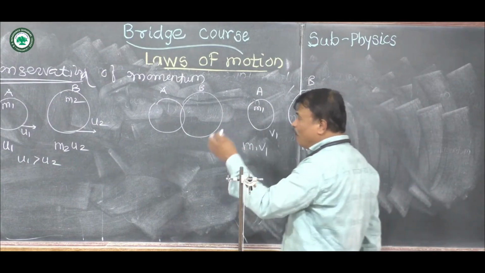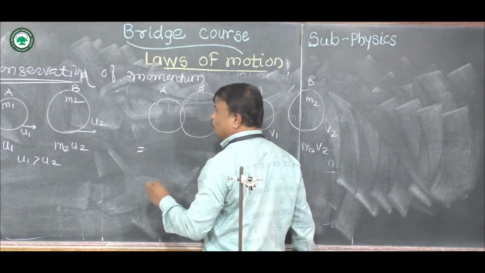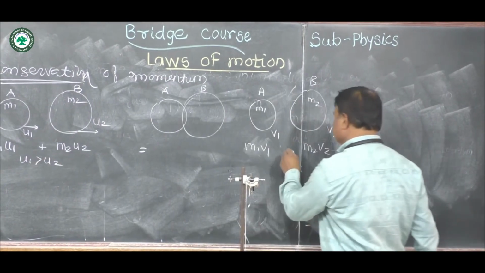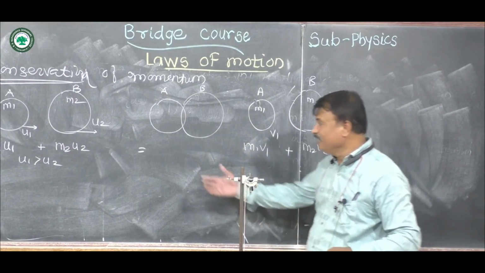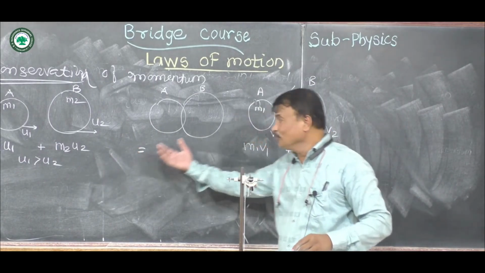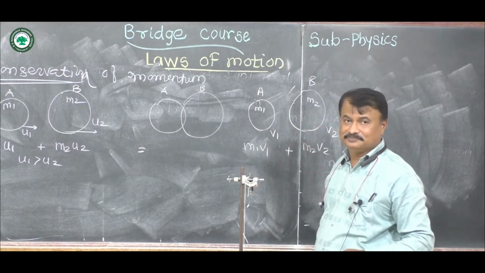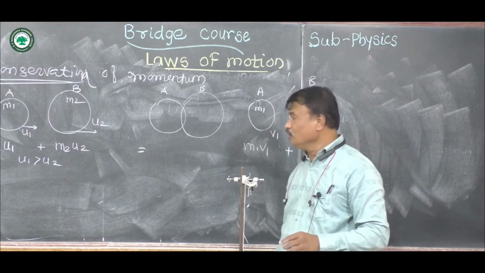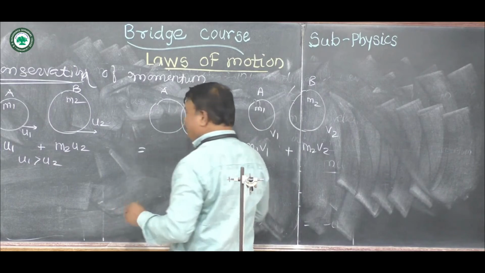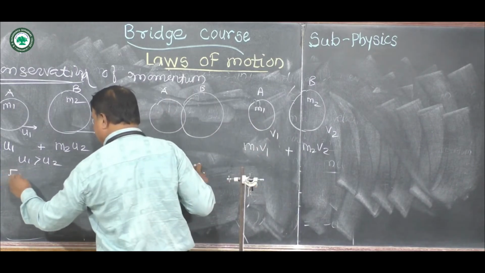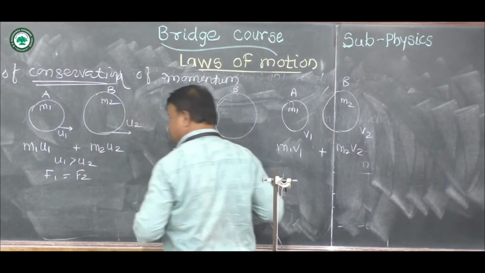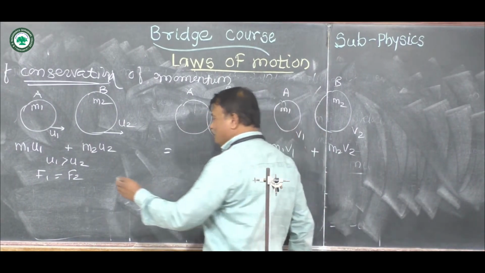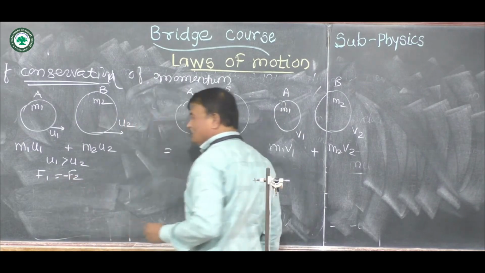So according to law of conservation of momentum, we have to prove this: the sum of this momentum is equal to the sum of these two momentum. Means momentum before collision is equal to momentum after collision. This is the law of conservation of momentum. So for that purpose, at the time of collision, these forces F1 and F2 are equal. Their magnitudes are the same, but directions are opposite. So we write here F1 is equal to minus F2.